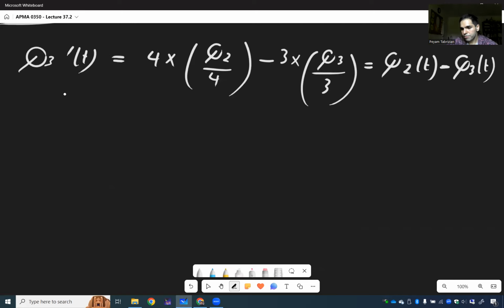To summarize, what is our system? Let's first write this in terms of algebra, and then we'll do it in terms of matrices.